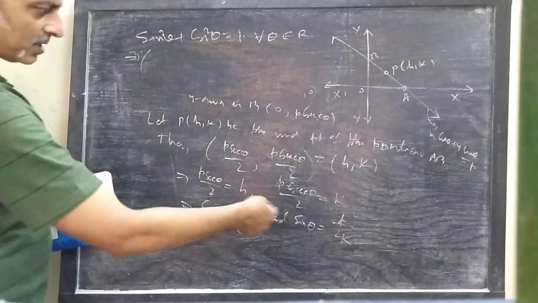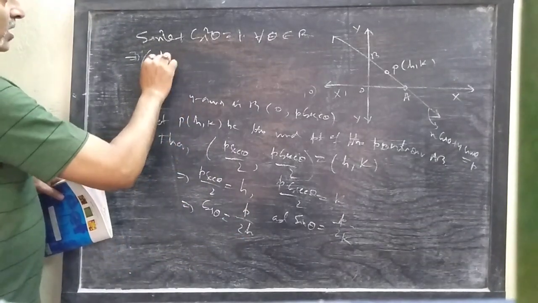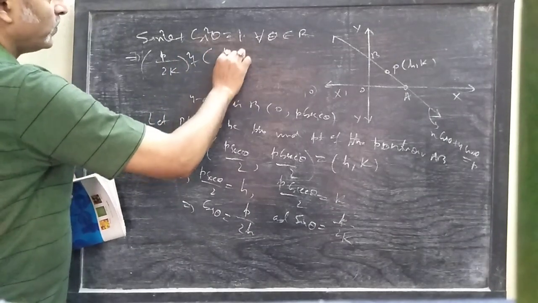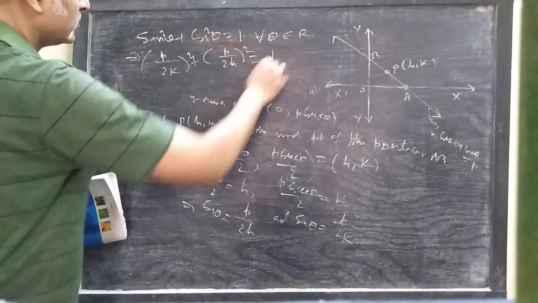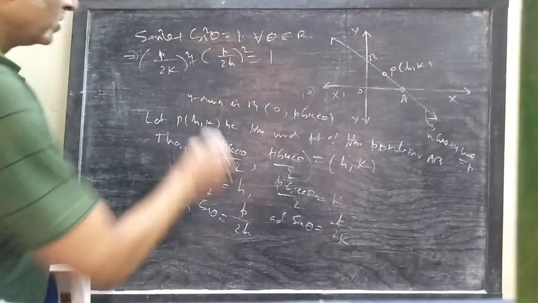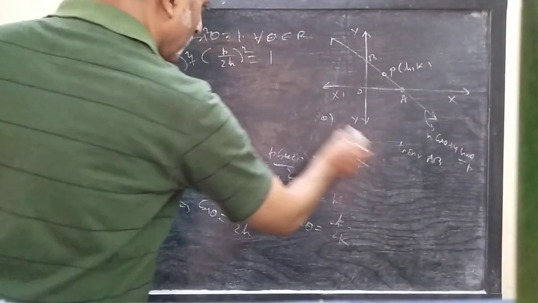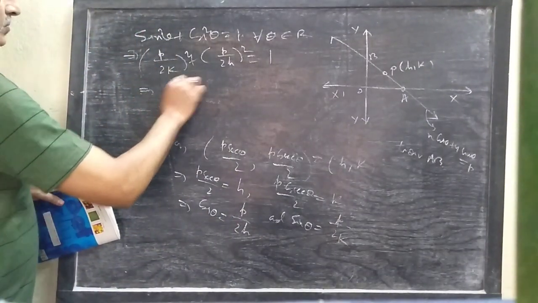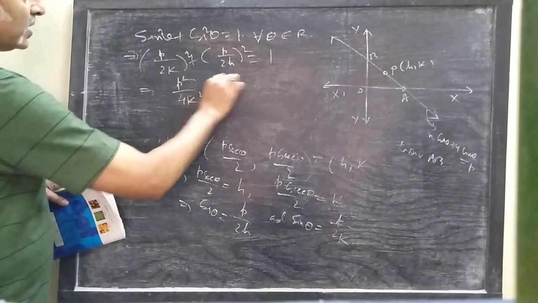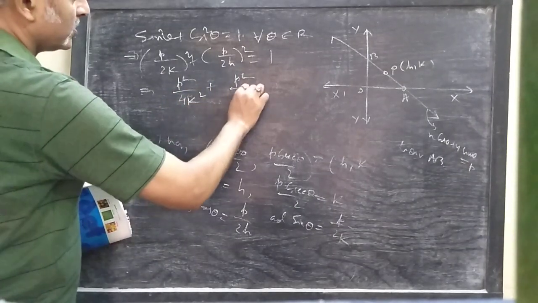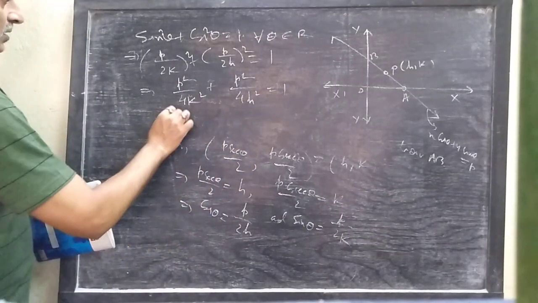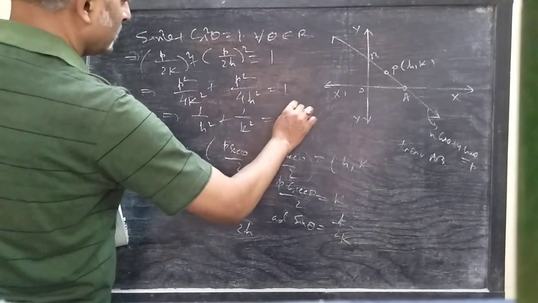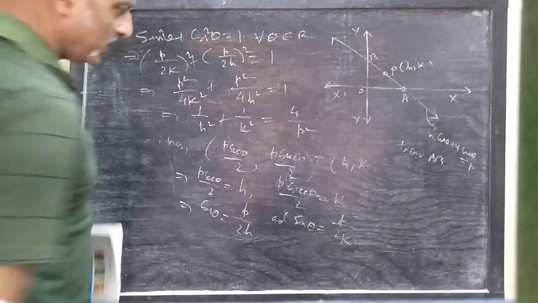That implies, substituting sin theta and cos theta here, you get (p by 2k) whole square plus (p by 2h) whole square equals 1. So simplifying, we ultimately get p square by 4k square plus p square by 4h square equals 1. That is 1 by h square plus 1 by k square equals 4 by p square.